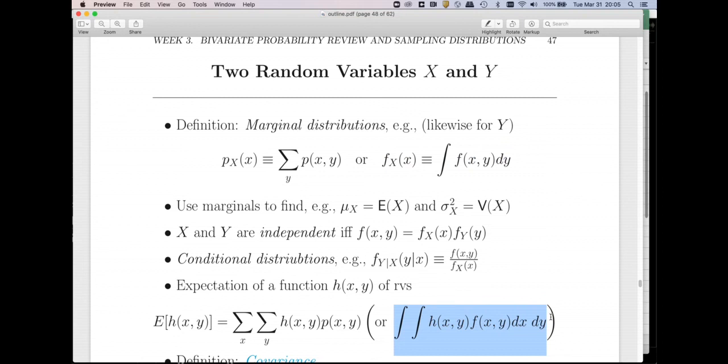It's just that you're going to have to use integrals rather than sums. There are many problems in Devore where he gives you some continuous distributions, and it would be good for you to try all the things that we've done here. This is like everything you need to know about 2 random variables on one slide. It would be good to try that with a continuous distribution as well.